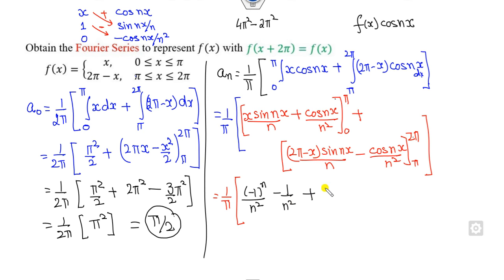What is cos of 2n pi? It is minus 1 raised to power 2n. I think it is clear to everyone, because it's cos of 2n pi. Fine. So cos n pi is minus 1 raised to power n; in this case n will be 2n, divided by n square.